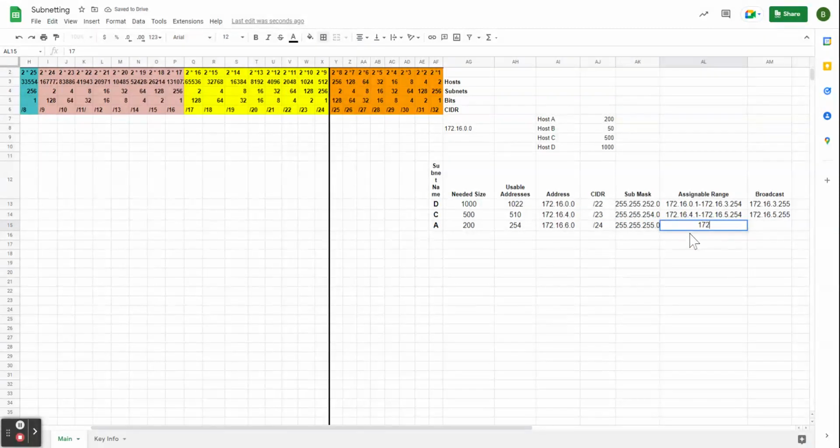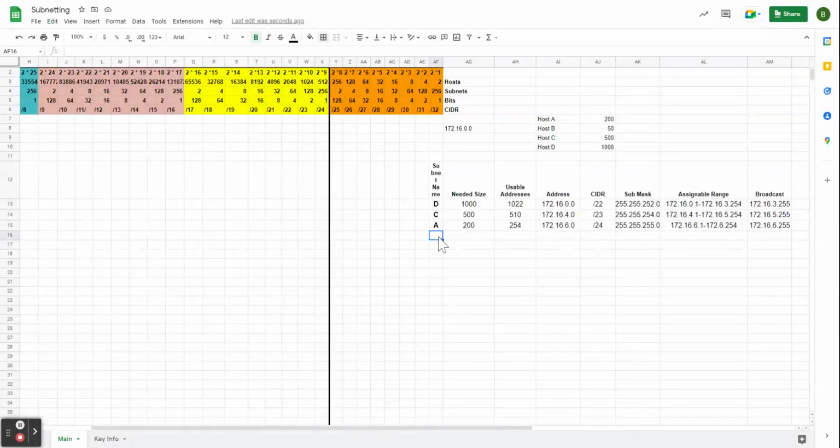The assignable range is 172.16.6.1 to 172.16.6.254. Broadcast is 172.16.6.255. Again, with my line there's a 0 there, so I'm not going up in anything at this point. I'm right on the cusp. I've used all the bits of this third octet.